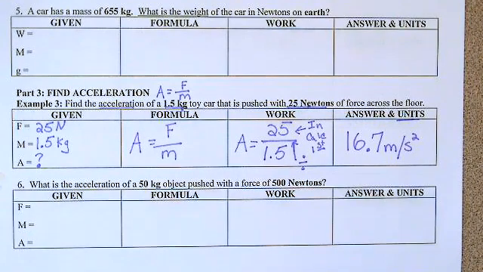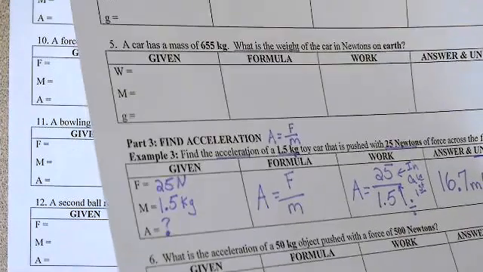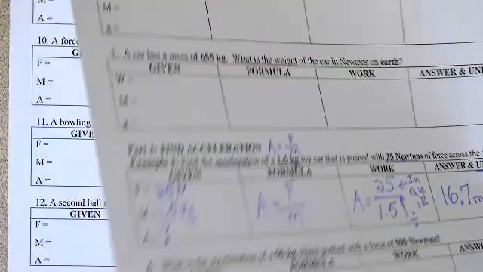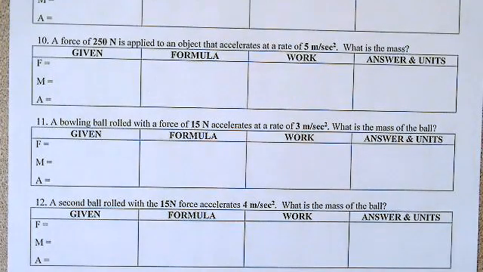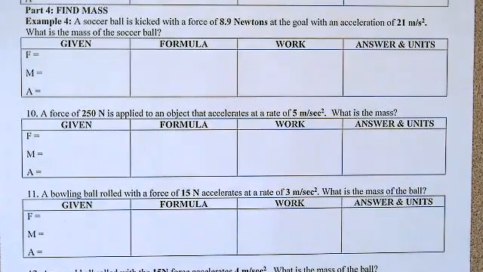All right, that is how to calculate acceleration. So for part 3, questions 6, 7, 8, and 9 are all just like that. Okay, we'll pause the video, do those problems, and then come back and I will show you how to do part 4.